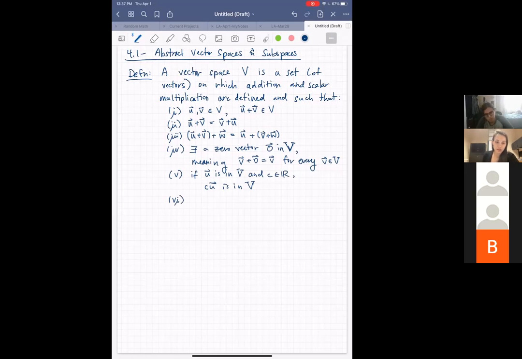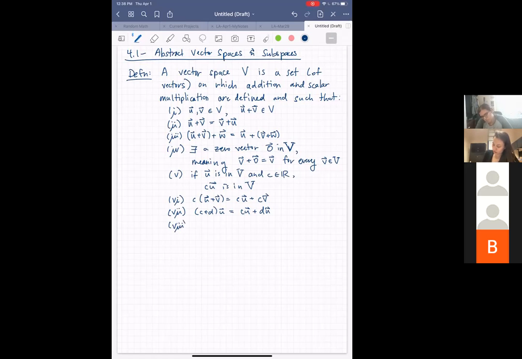We also have the other properties of scalar multiplication that we had before. We can distribute the scalar in this way: c plus d times u is equal to c times u plus d times u, where c and d are both scalars.